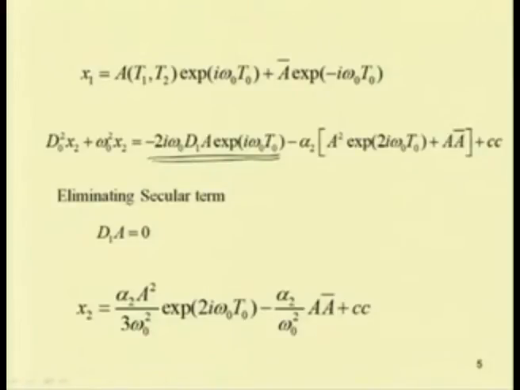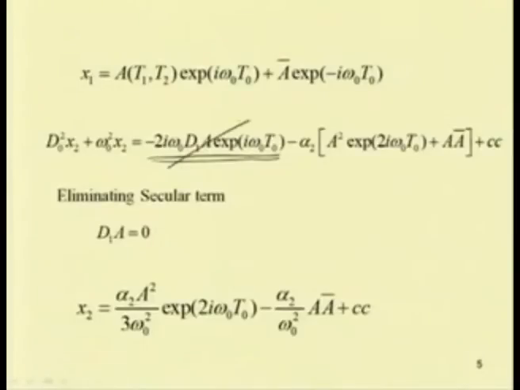To eliminate it, we find that d 1 a equal to 0, which means making this term equal to 0. So, one can find this expression for x 2: x 2 equal to alpha 2 a square by 3 omega 0 square e to the power 2 I omega 0 t 0 minus alpha 2 by omega 0 square a bar, plus its complex conjugate.